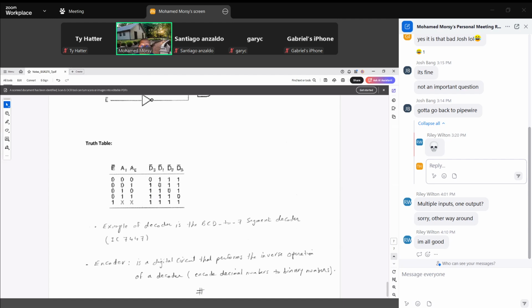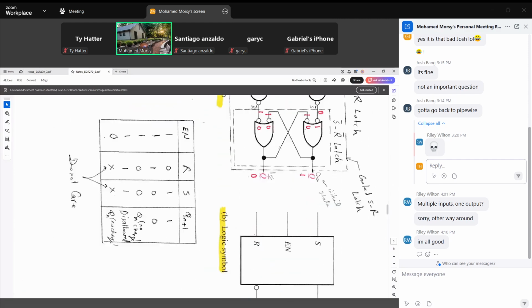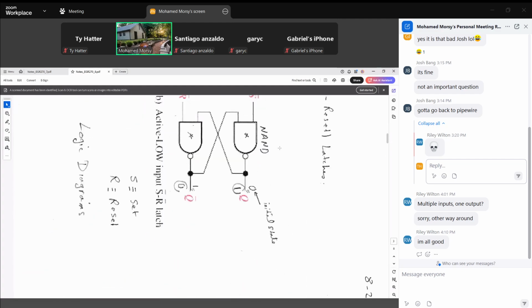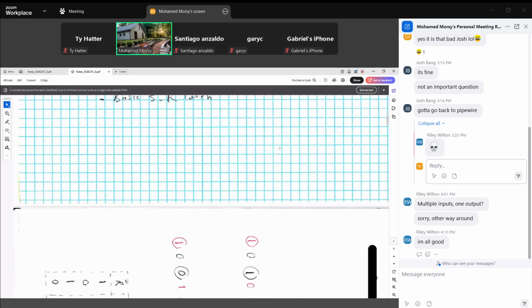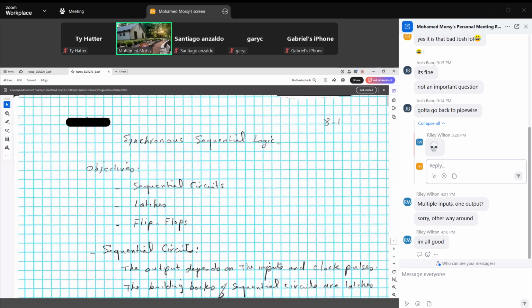Okay, since we still have time, please let us talk a little bit about sequential logic circuits. In the previous part we spoke about combinational logic circuits in general.